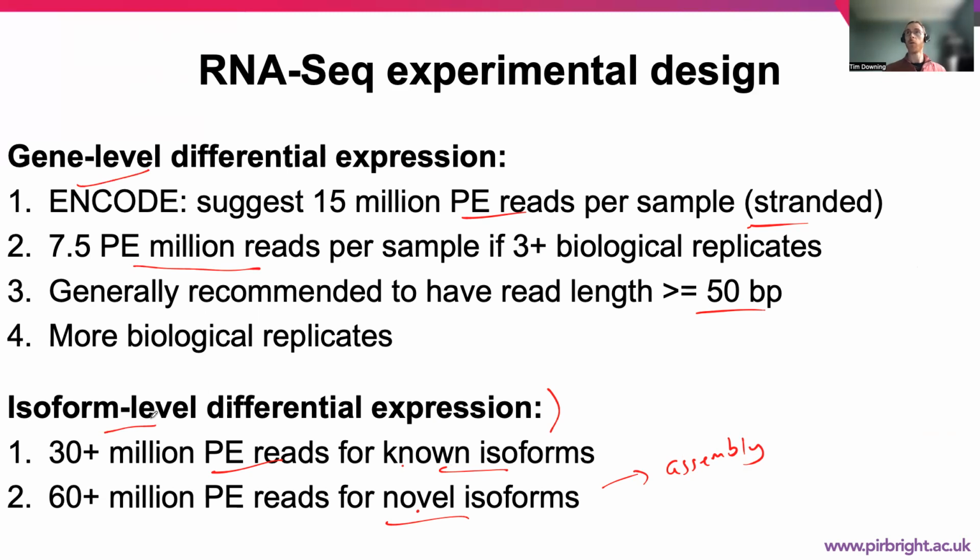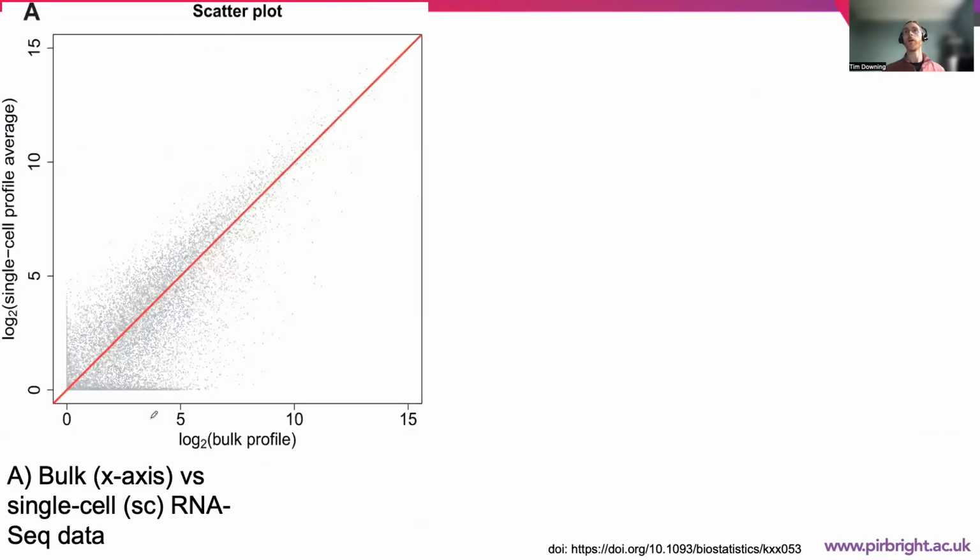Finally, we also have to be considerate that if we're comparing bulk RNA-seq versus single cell RNA-seq, they're quite different. Single cell RNA-seq, which is on the y-axis here compared to the bulk profile, will have its reads split between numerous cells, which will mean that its distribution of values will be lower.